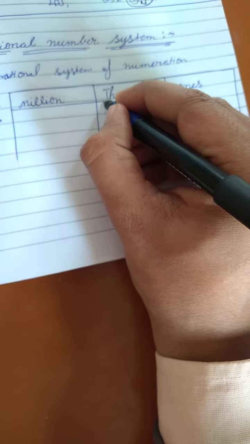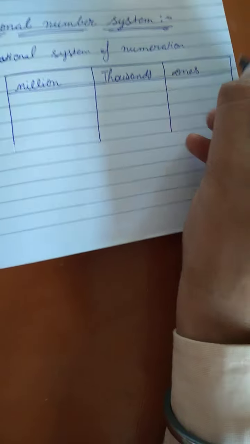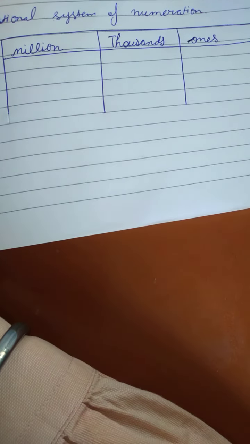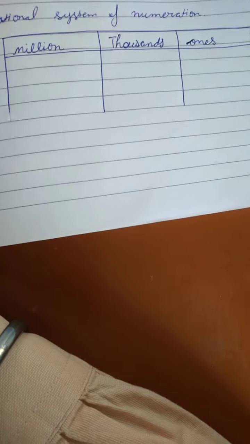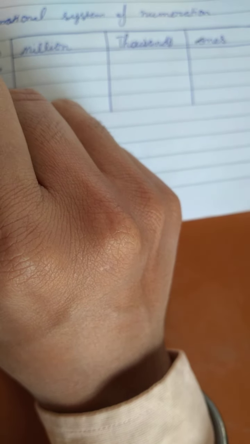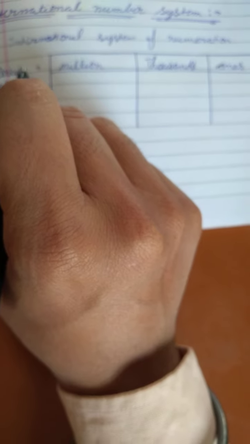After the millions the next period is billion, then trillion, quadrillion, pentillion, hexillion. So there are a number of periods in the international number system.